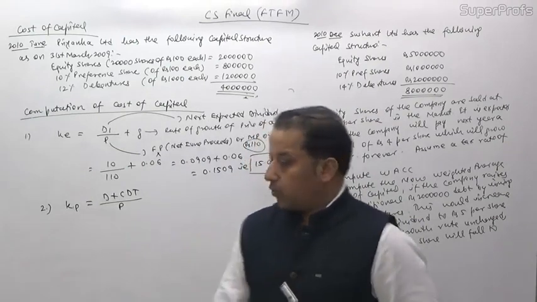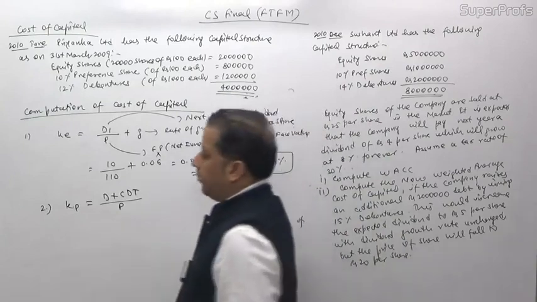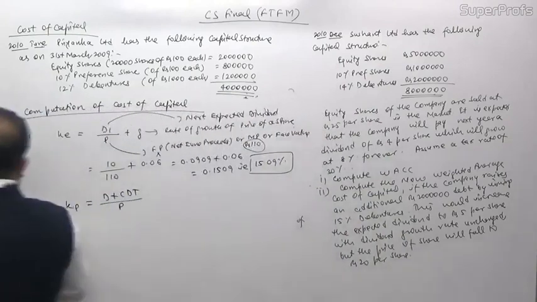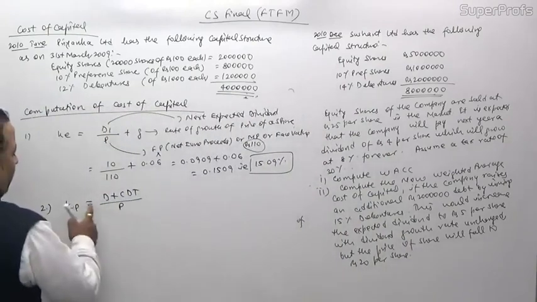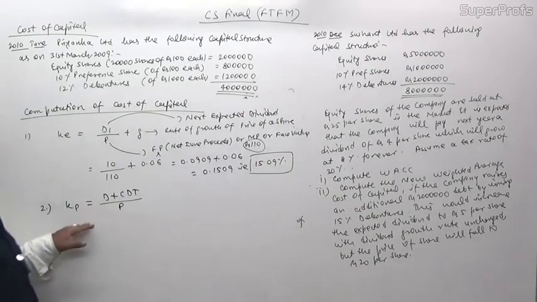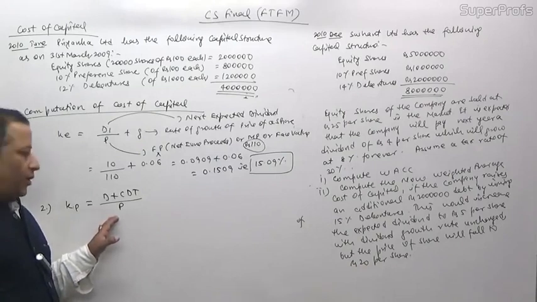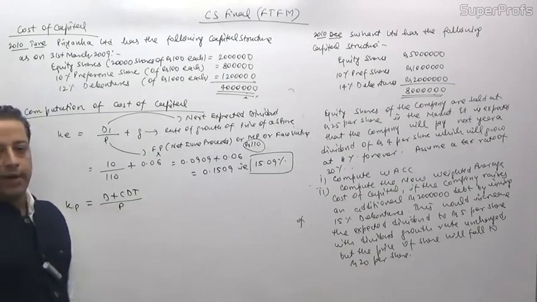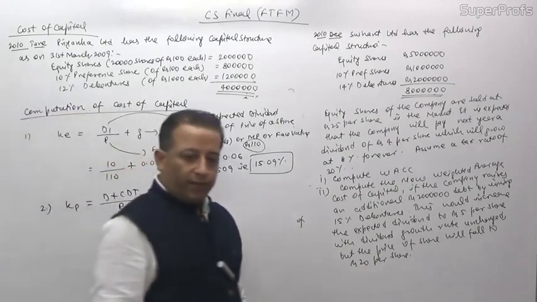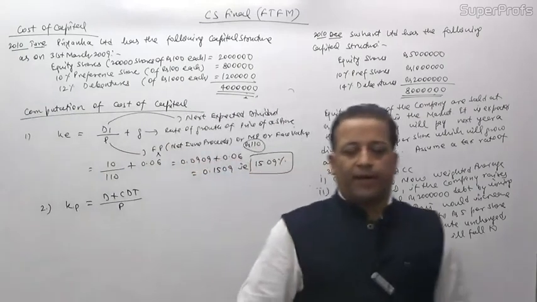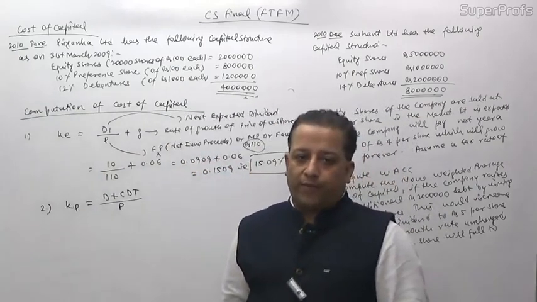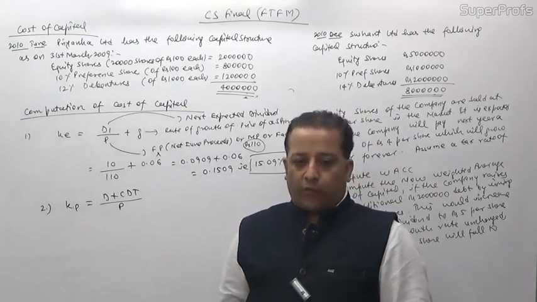So this preference share capital can be taken as non-redeemable preference shares, and the formula for the cost of non-redeemable preference shares is D plus CDT divided by P. D stands for dividend, CDT means corporate dividend tax, and P stands for flotation price or market price or face value.